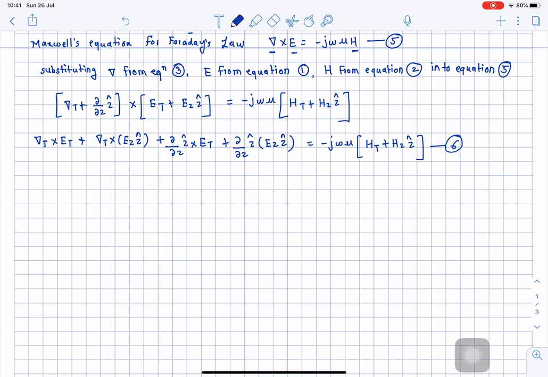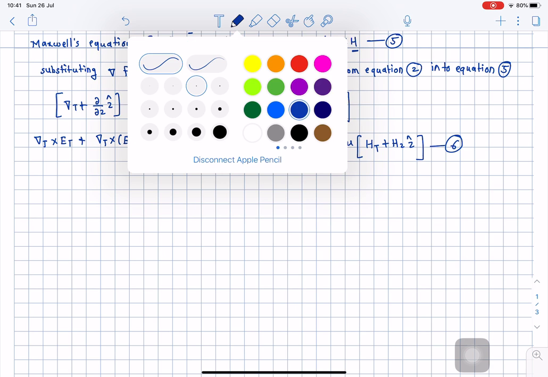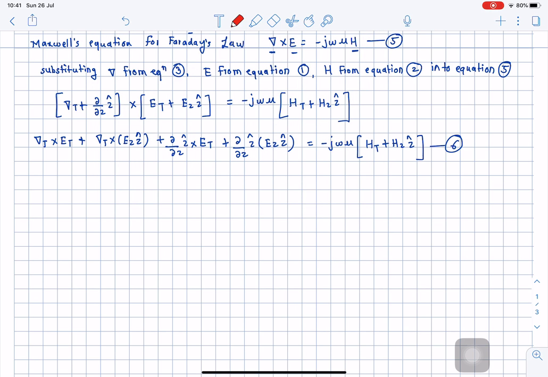Here first is any cross product with z cap. When you take any cross product with z cap, it is going to be located in the xy plane. So here we note an important thing.